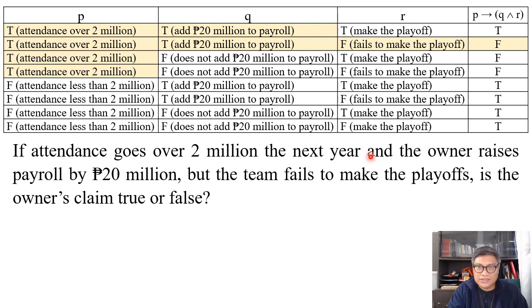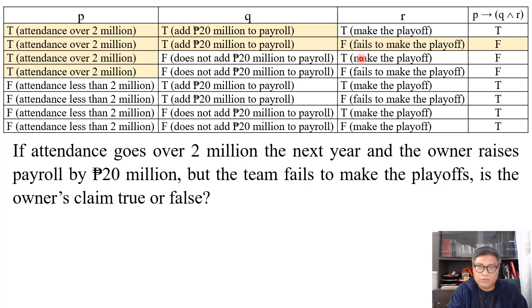Then the next is the owner raises payroll by 20 million. So again here from 4, then I have another choices here. Add 20 million to the payroll. Okay, so this will be our possibilities. Then the last one is team fails to make the playoffs. So here make the playoff, fails to make the playoff.